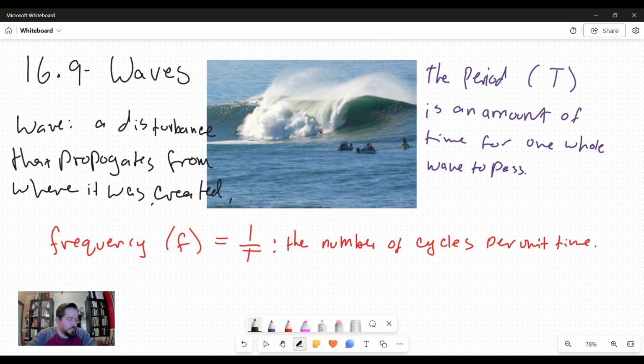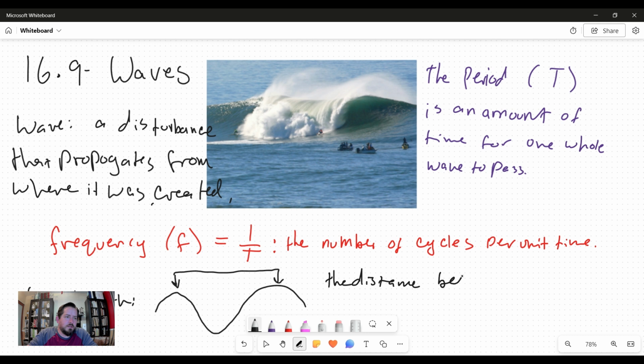Well, the next attribute is the wavelength. So if I have a very simple wave, just this, the distance between one top and the next one, this is the wavelength. It's just the distance between two equal or equivalent places on the wave. And so it is just the distance between the two subsequent maximums.